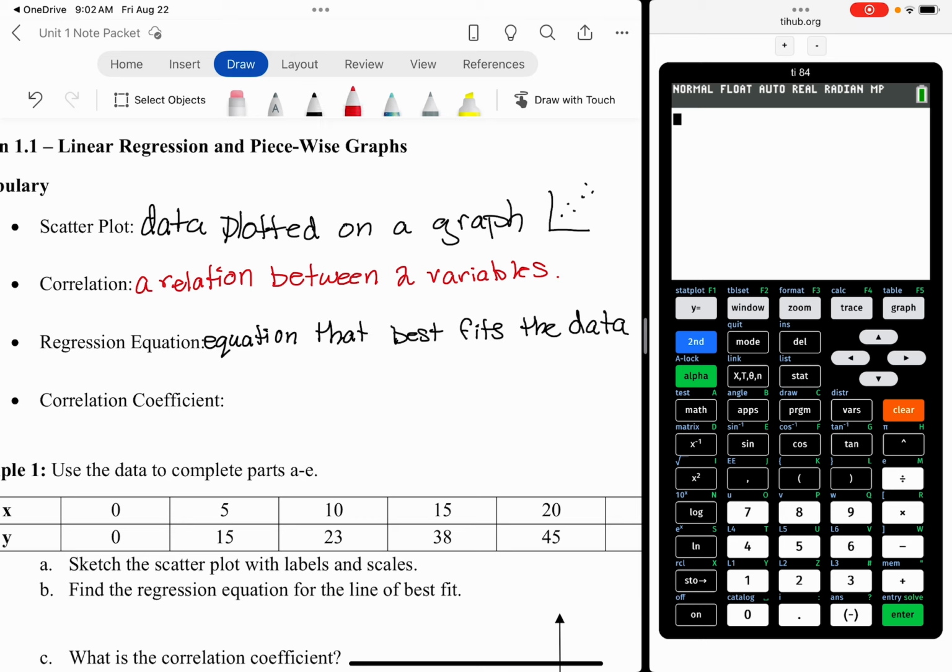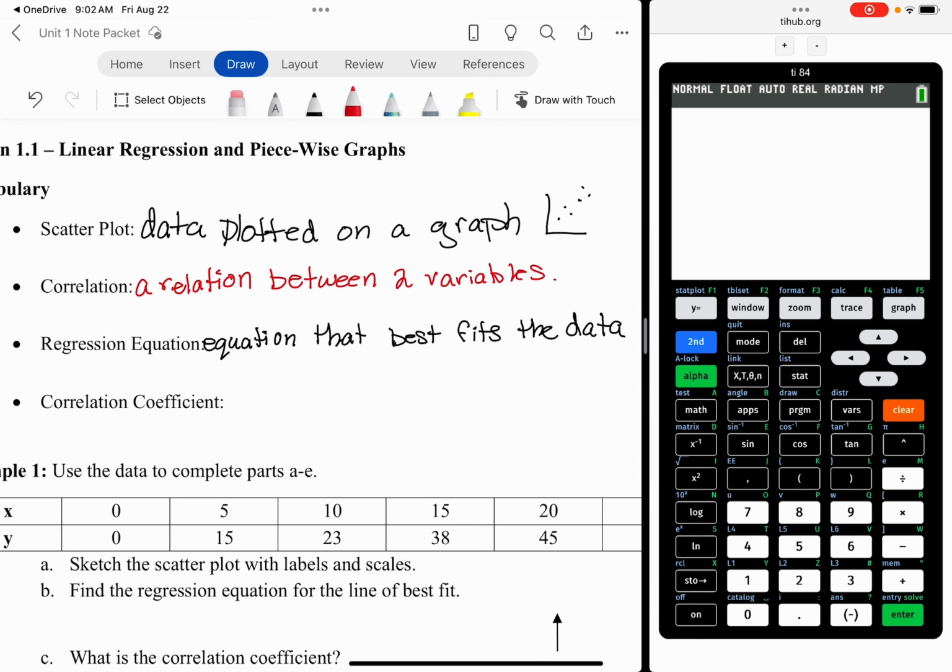Okay. Next, we have our correlation coefficient, and this is going to be represented by the variable r. Our calculator is going to calculate this for us, and we use this to determine if the correlation is going to be positive or negative.